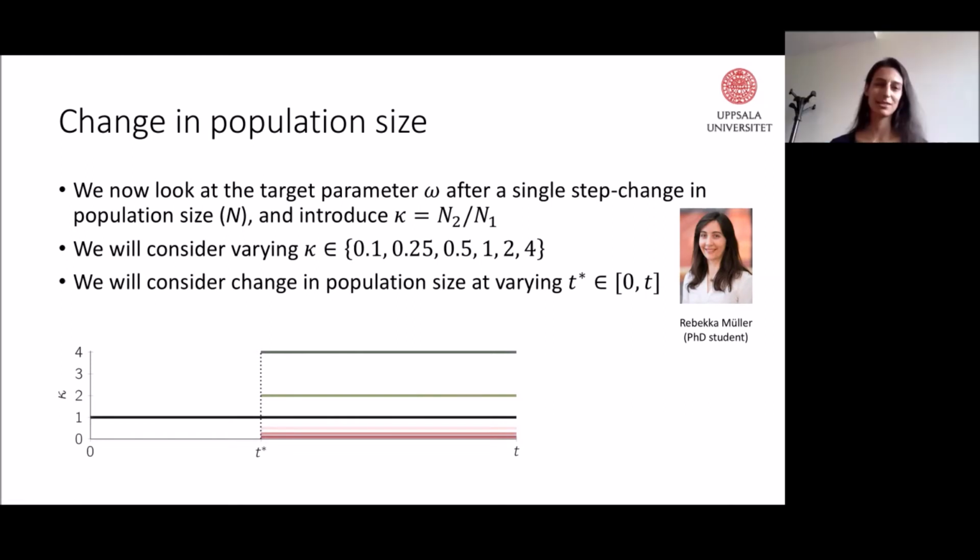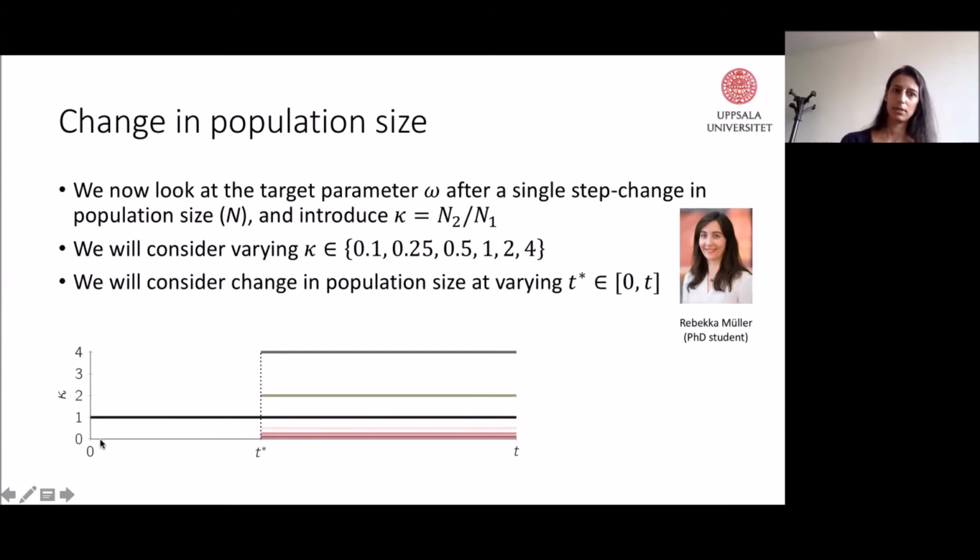So the PhD thesis work is about studying a step change in population size in the time interval 0 to t. Since we're interested in phylogeny, this could for example be the branch length of a lineage-specific branch in a phylogeny. Within that time interval, we introduce a step change in population size at a time t star.